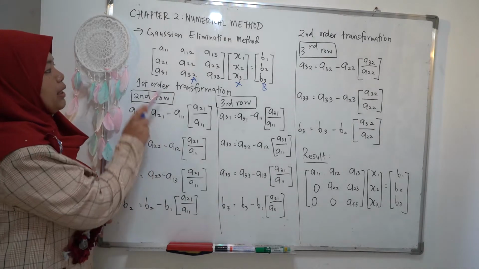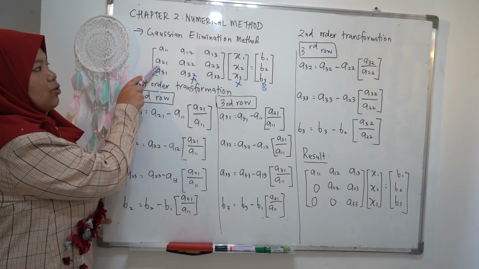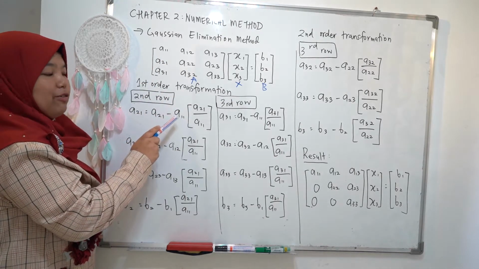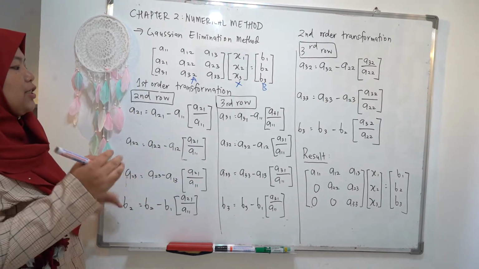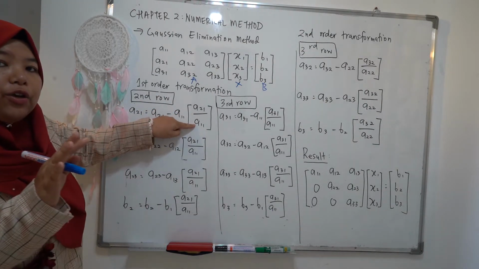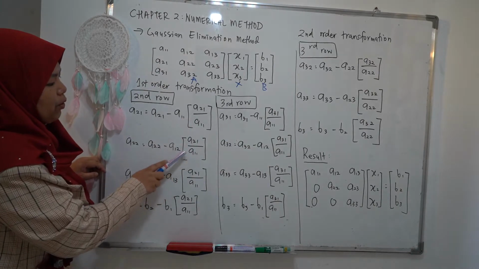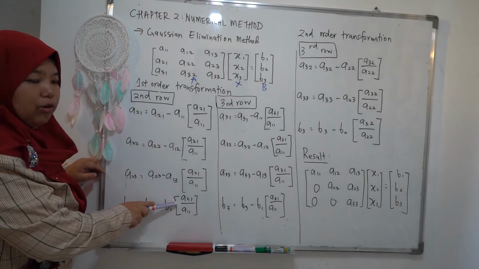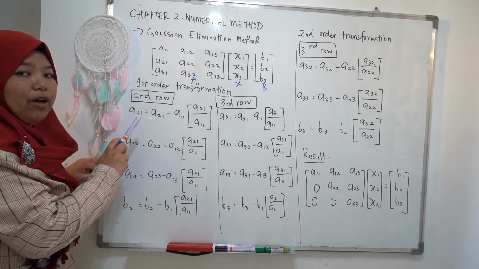I repeat, A21 minus the number on the top of A21, which is A11, times the number itself, which is A21 over A11. When we do the multiplication, A21 over A11, you can look here for the second row, it is the same: A21 over A11 for each entry, and the last one also, we follow the first one. This is the formula that you have to follow.